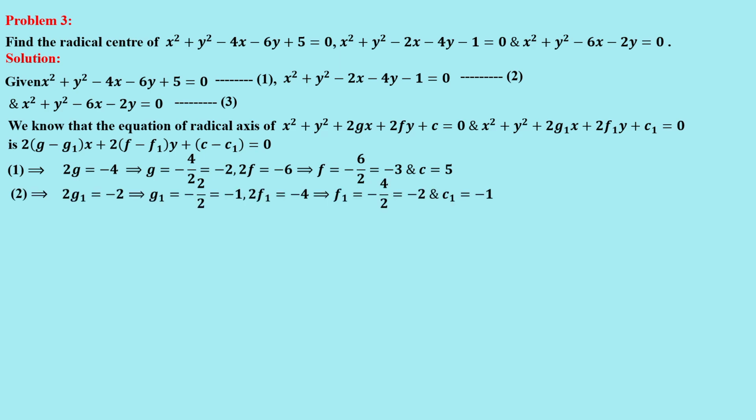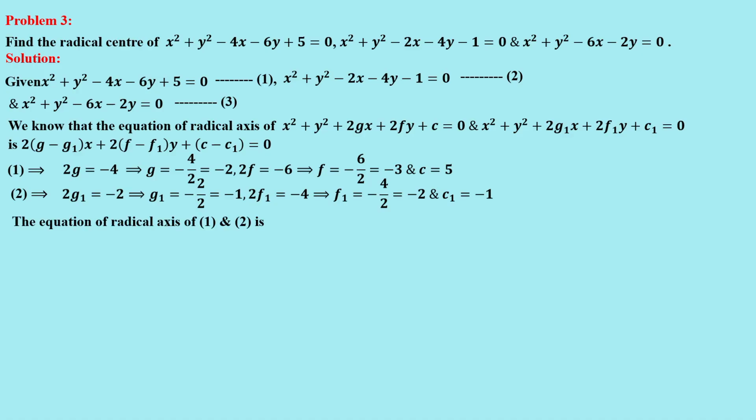For the second equation, we take g1, f1 and c1 to find the radical axis. 2g1 = −2, g1 = −1, 2f1 = −4, f1 = −2, c1 = −1.